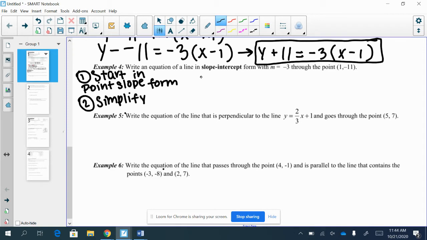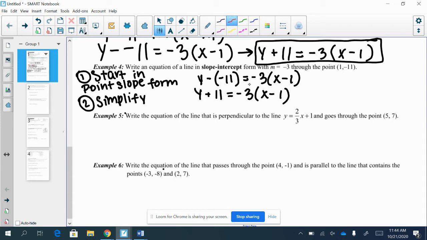Okay, so y minus -11 is equal to -3 times x minus 1. Let's go ahead and take care of that double negative. -3 times x minus 1.